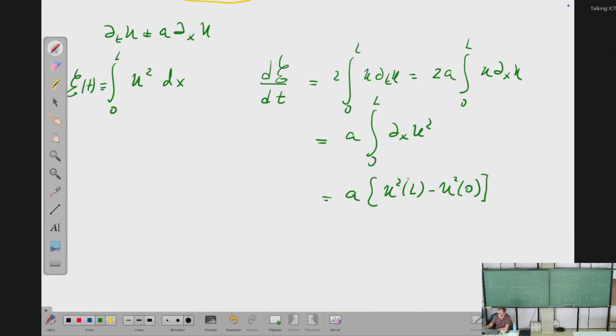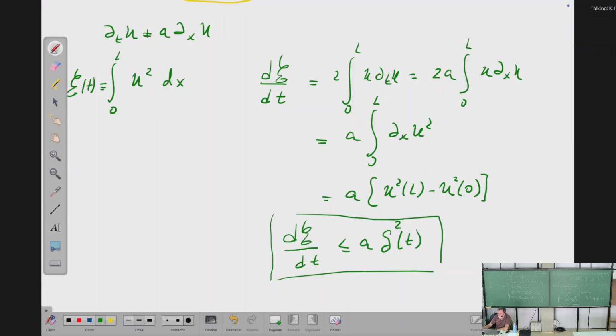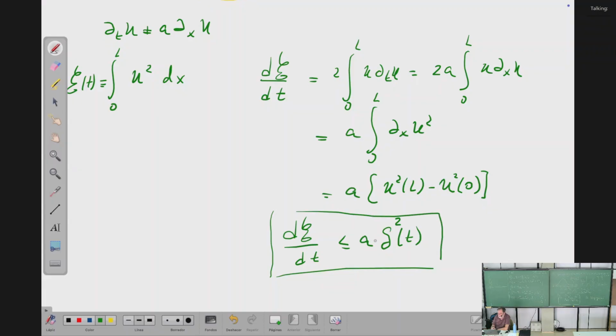So what I have to give is this. Okay, so if I say, okay, dt of the energy is less or equal than a times, if I say this is g of t, right, at t square. So I have an energy condition with this thing. Okay?